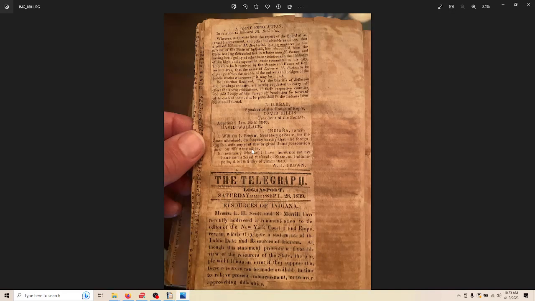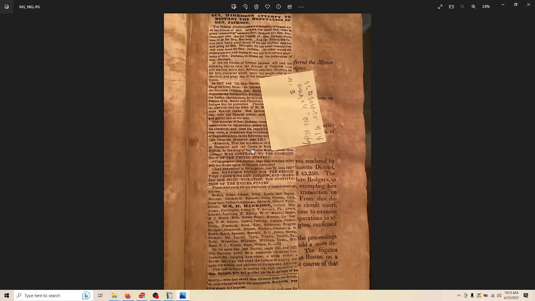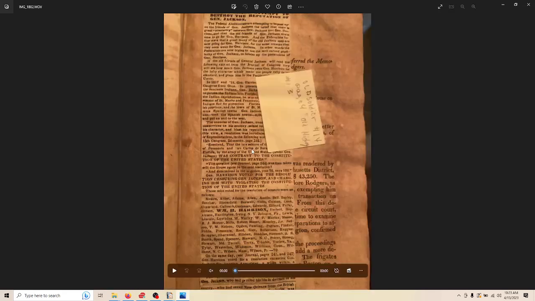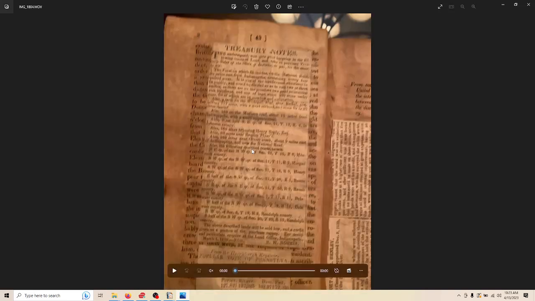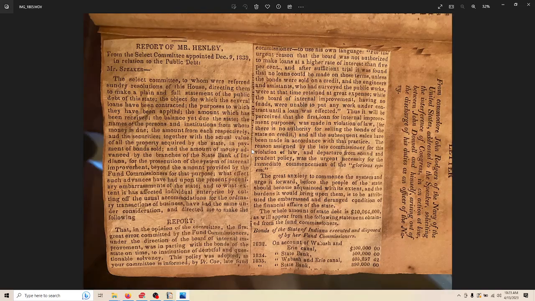And also the topic of Van Buren, Taylor, General Jackson, and Harrison's relationship. Treasury notes in Indiana.